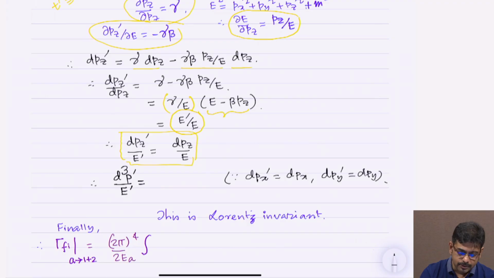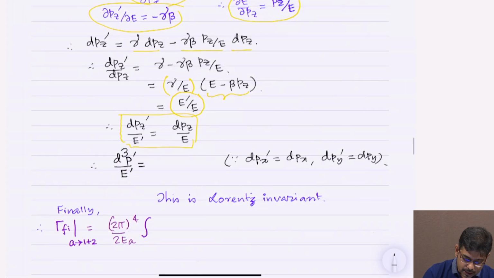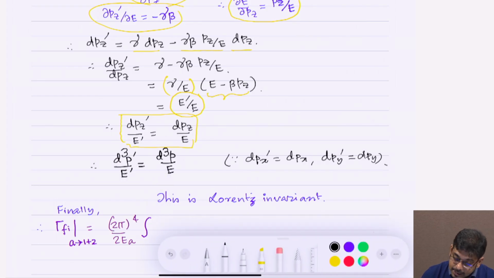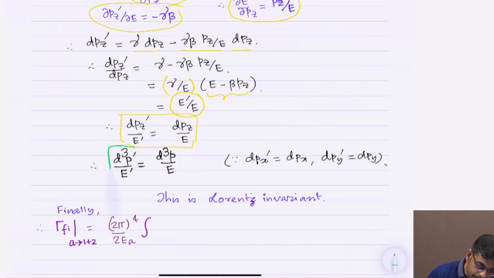What remains is that dpz prime by E prime, but in the previous expression we have already evaluated that this dpz prime by E prime is nothing but dpz by E. So, therefore, d cube p prime by E prime is d cube p by E. That basically means that this kind of a measure, the way that we have defined, is manifestly Lorentz invariant. This is invariant under Lorentz transformation.